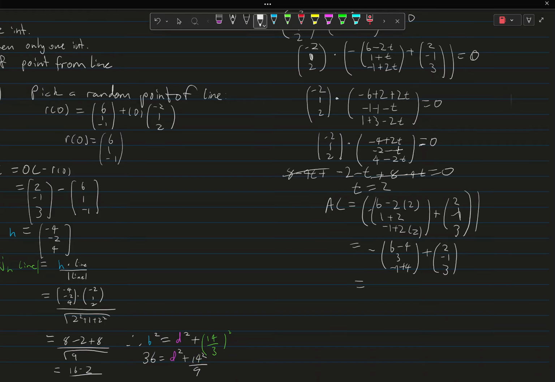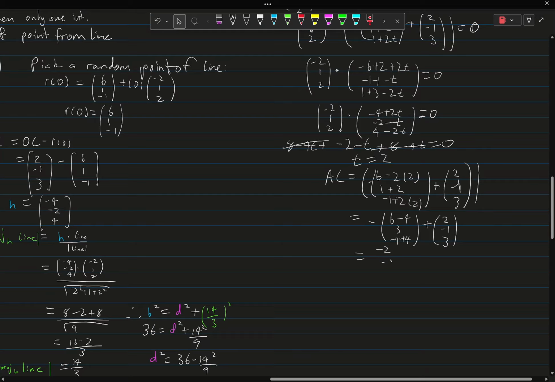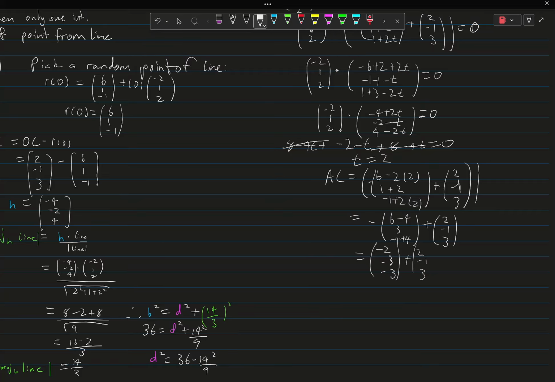That is negative 2, negative 3, negative 3, plus 2, negative 1, 3, which is 0, negative 4, 0. Okay, and then the magnitude of AC was 4, which is, yeah, that's what I'm confused about as well.